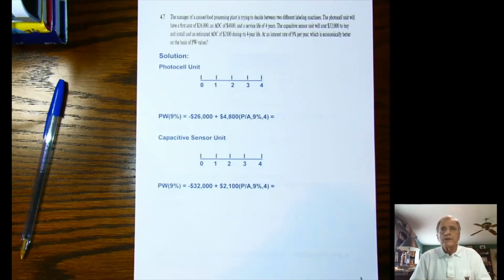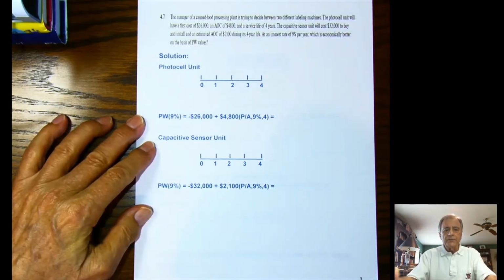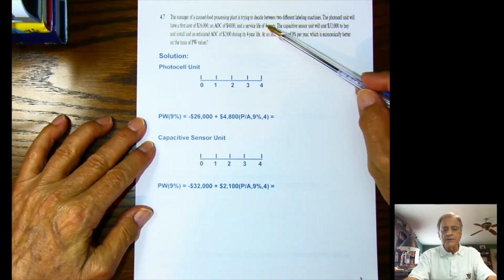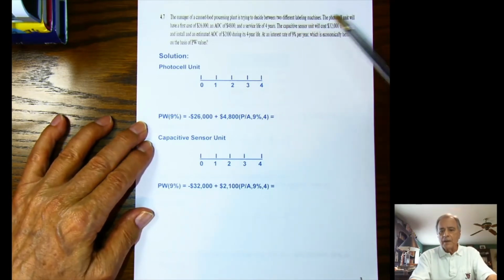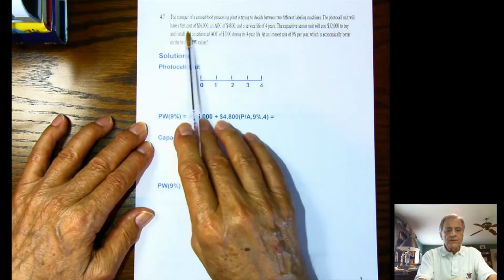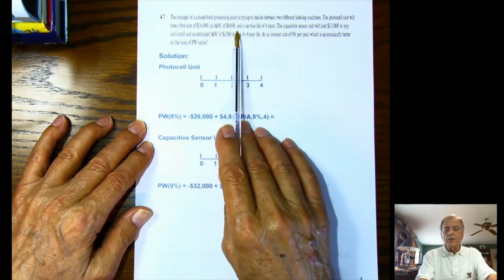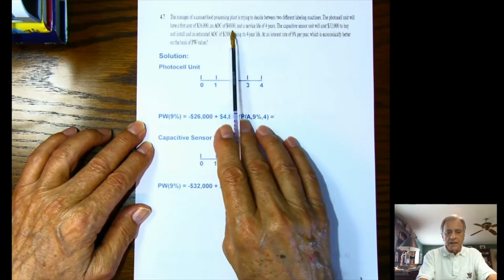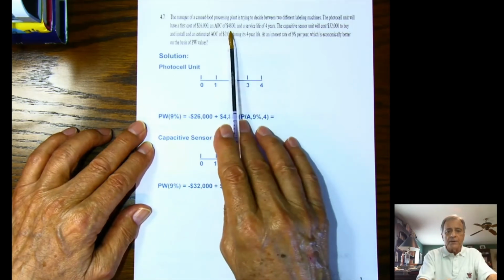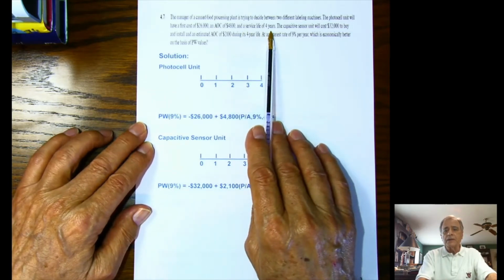Problem 4.7 says, a manager of a canned food processing plant is trying to decide between two different labeling machines. The photocell unit will have a first cost of $26,000, annual operating cost of $4,800. That's annual cost, so that's per year, and a service life of 4 years. So this machine will last 4 years.